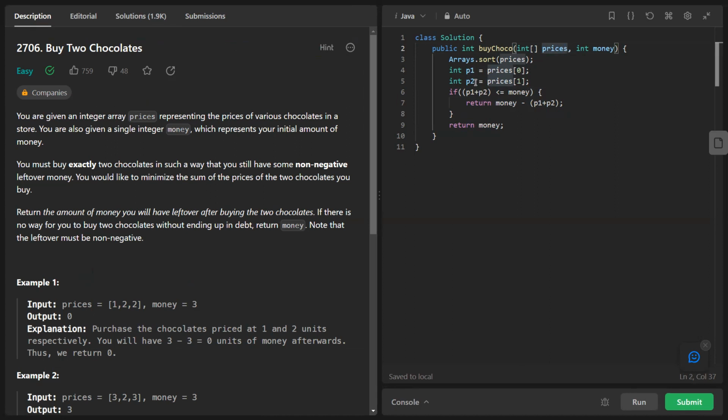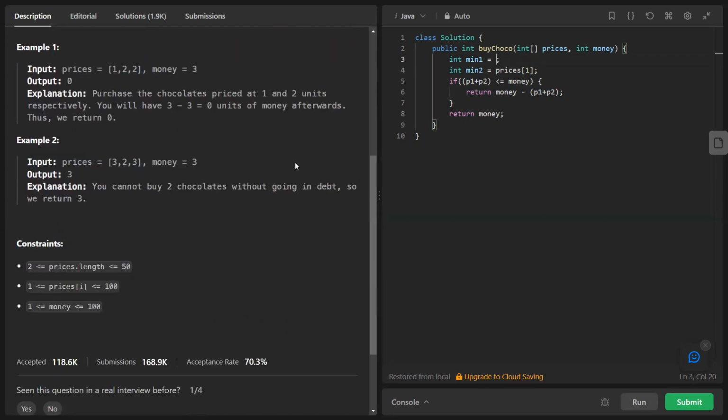Okay. So in place of P1, I will remove this line. I do not need this because I will not sort it. I will take min1 in place of P1, and this will be min2, and the value will be, let's check what is the value.